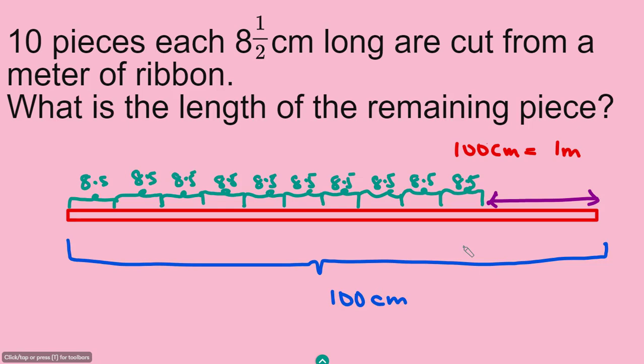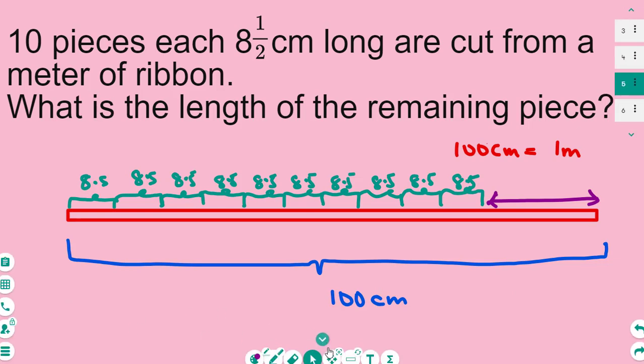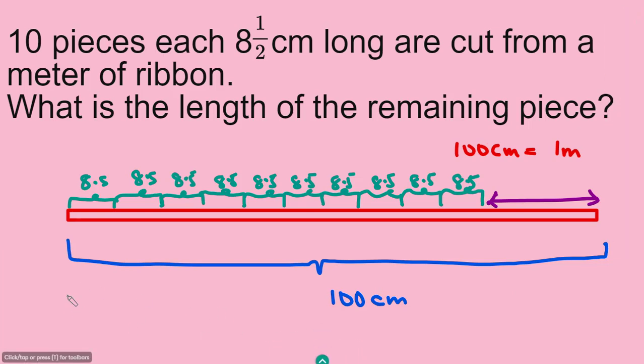To do this, you first multiply to get the total length of the 10 pieces of 8.5, which is 8.5 times 10.